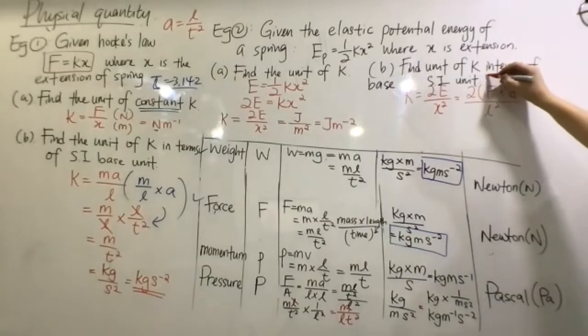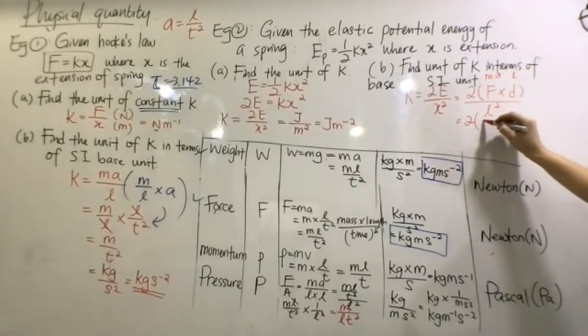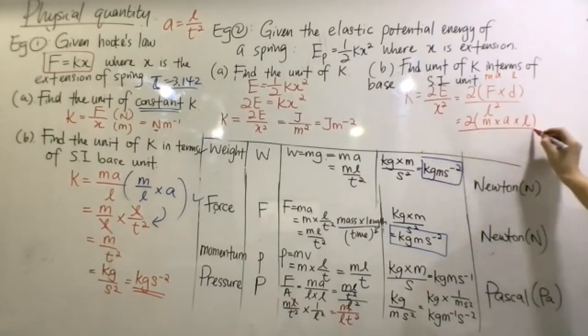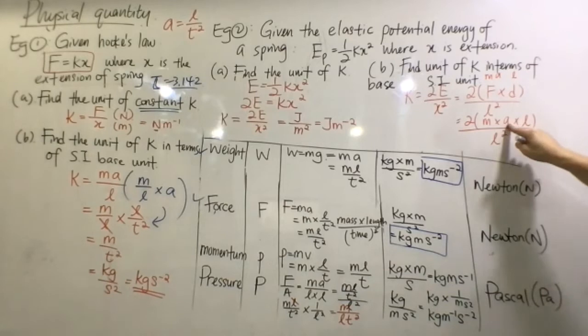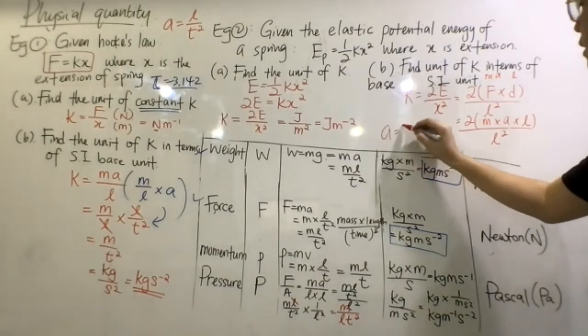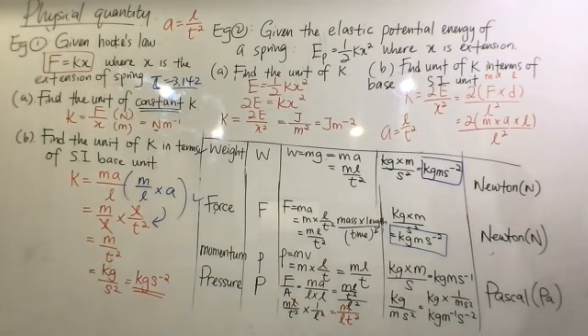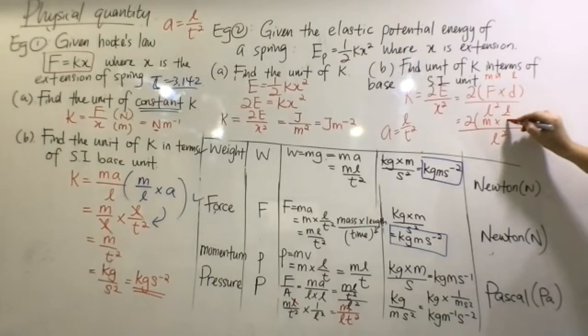Force is MA, distance is L. 2 M A L squared. Acceleration over here, right? Again, I want to break this. Acceleration is L over T squared. So here I will change it to L over T squared.